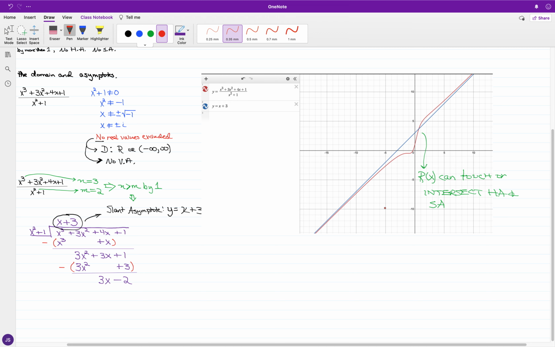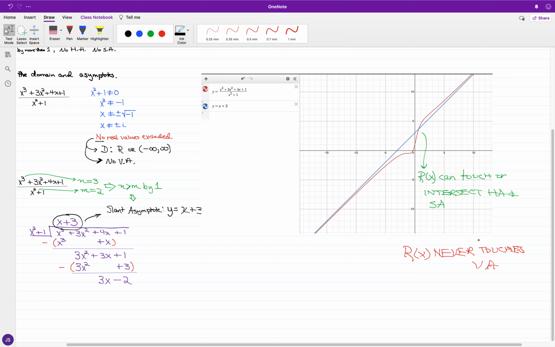But I said this the other day, R of x never touches vertical asymptotes. I just wanted to reaffirm that. Vertical asymptotes are off limits, but in terms of horizontal and slant asymptotes, given the nature of the function itself, it can potentially touch, even intersect them.